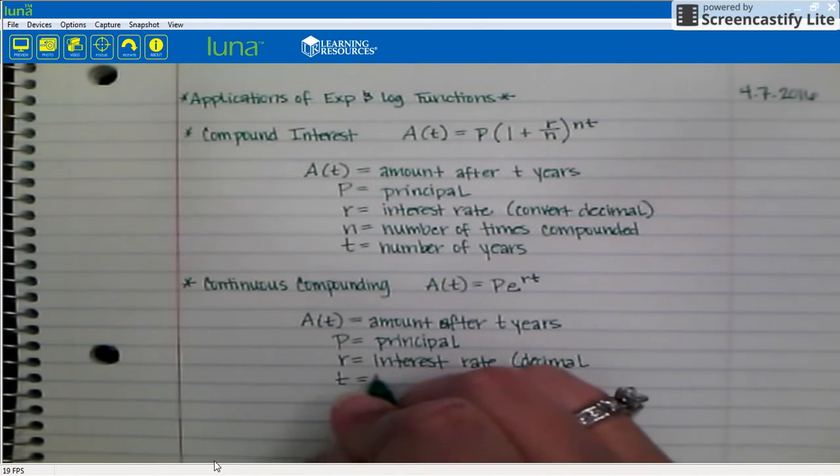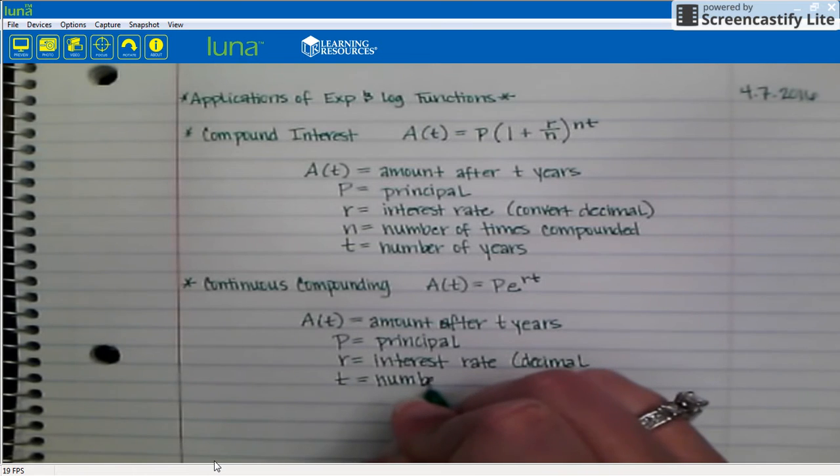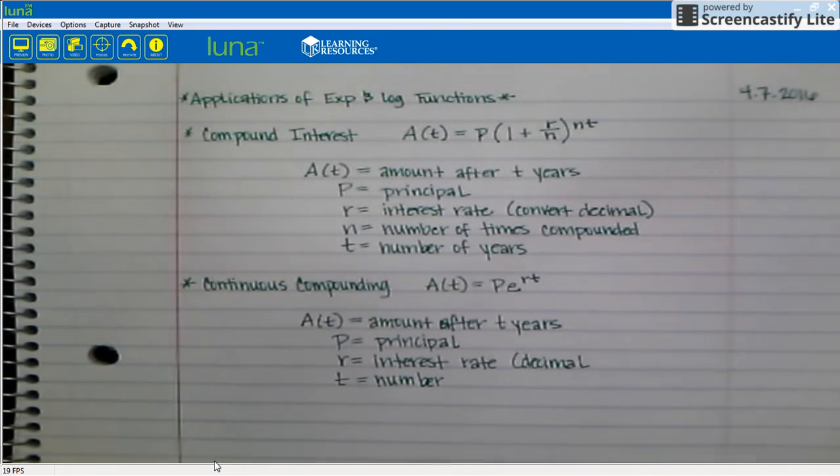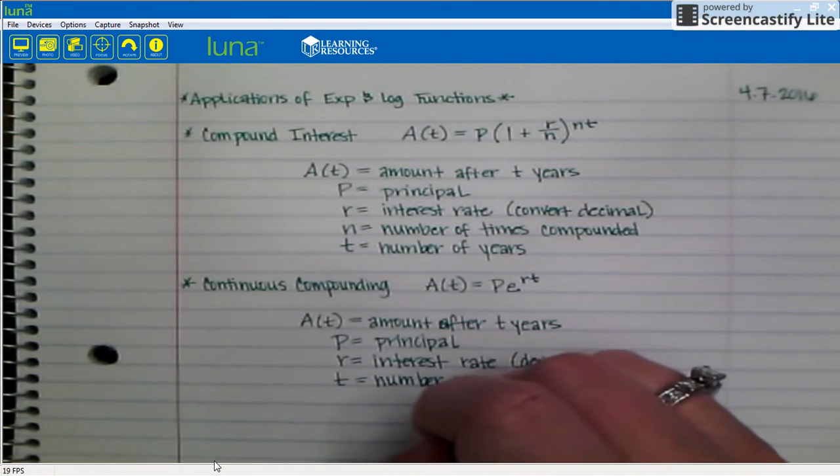And t is still your number of years. The difference between the two is that you will not be compounding monthly, quarterly, semi-annual. You're essentially compounding every minute of every hour of every day. So this one takes on a different form.